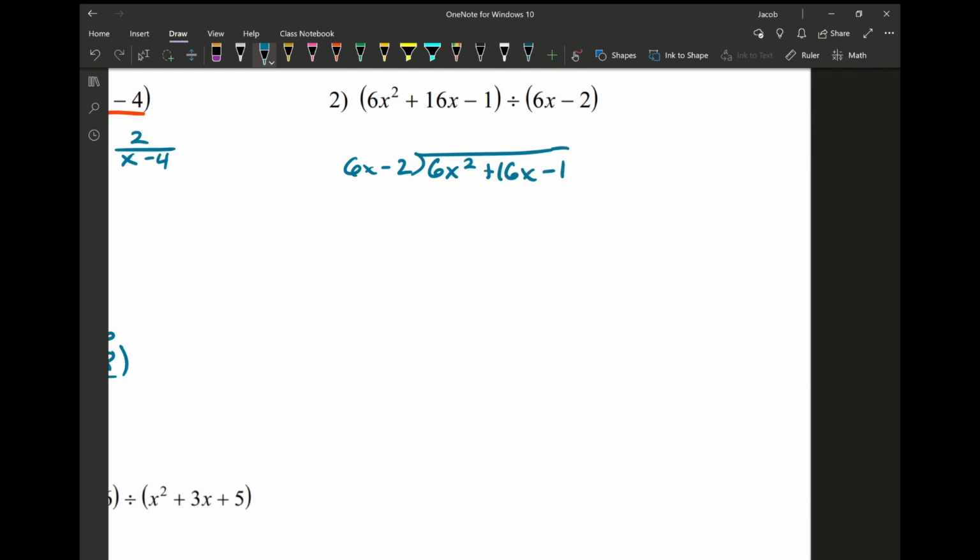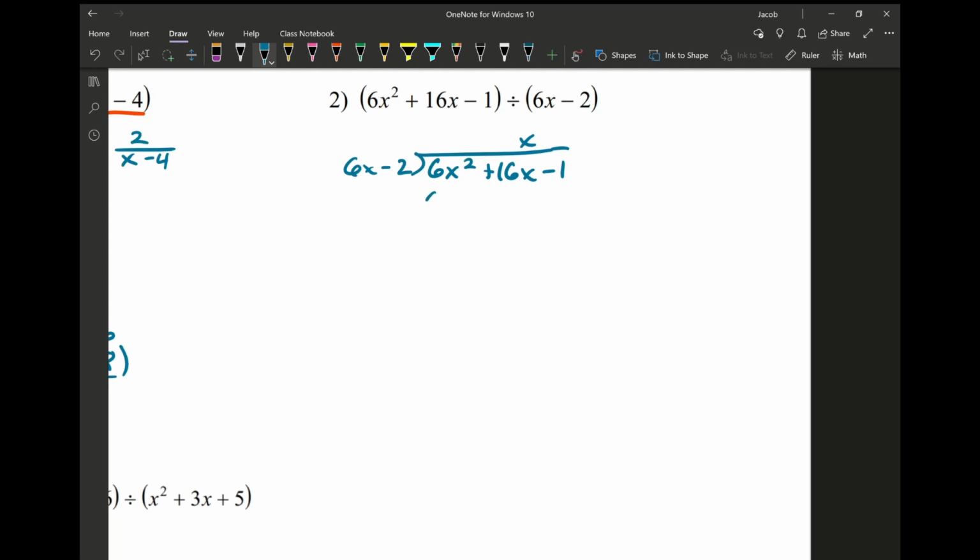And then I ask the question, what do I need to multiply 6x by to get 6x squared? I need to multiply that by just x. So I'm going to put my x on top of that ordered column.